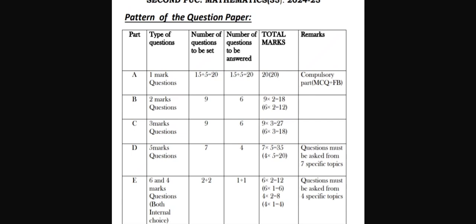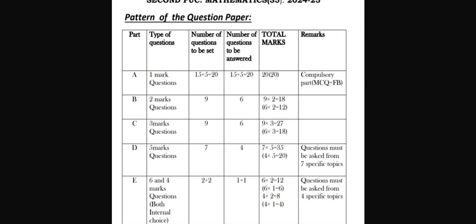Okay, here there is a pattern of question paper. Overall the question paper contains 120 marks. Okay, for this year the overall question paper carries 125. In last year's question paper there was a set for 135 marks, but here some questions will be reduced.